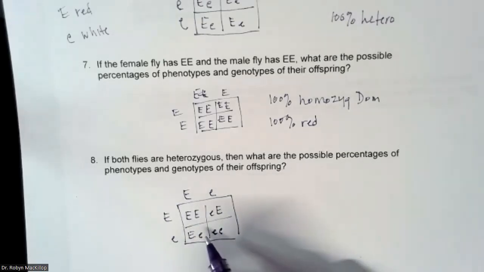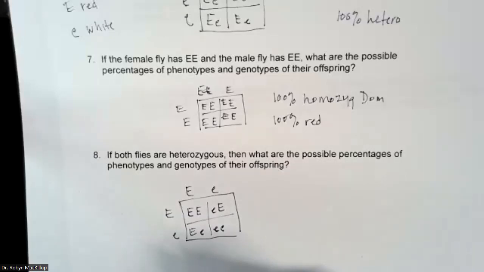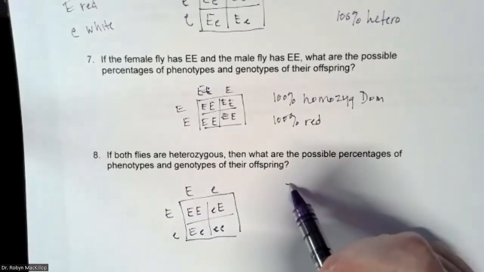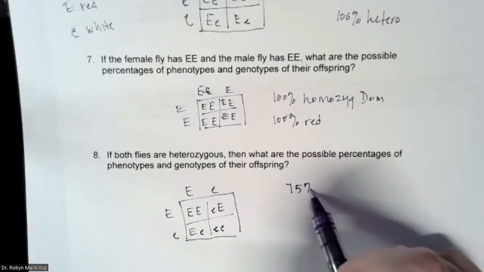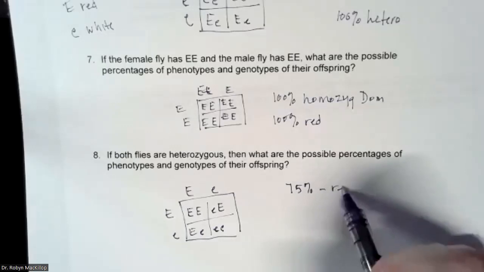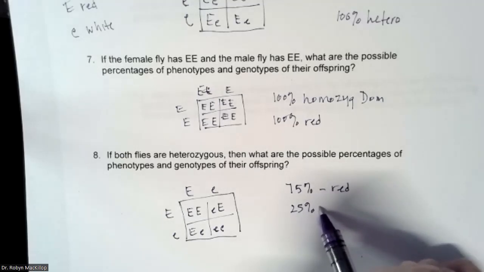So here, how many red-eyed flies do we have? 2. 75%. Three. Perfect. Yep. Nicely done. You've got 3, or 75% red, which means 25%, 1, or 25% white.